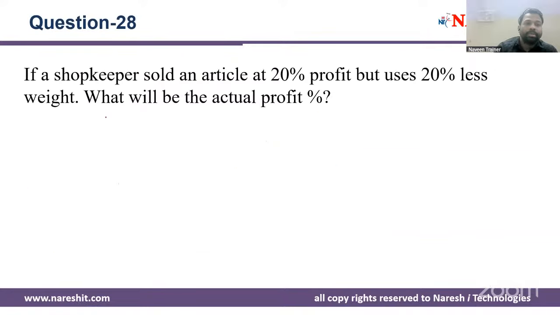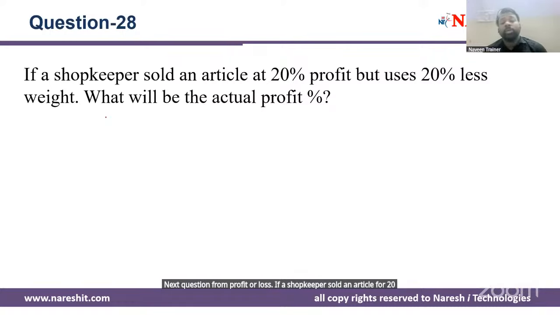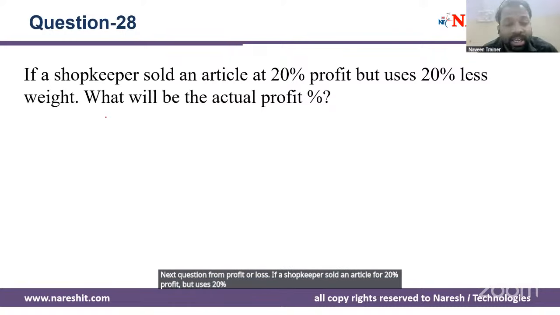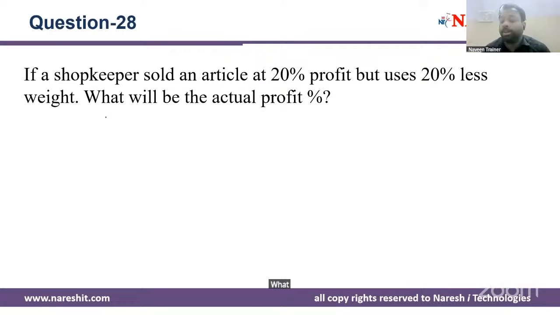Next question is on profit and loss. If a shopkeeper sold an article for 20% profit but uses 20% less weight, what will be the profit percentage? Okay, listen. CP of 1 kilo rice, let's take 100 rupees.